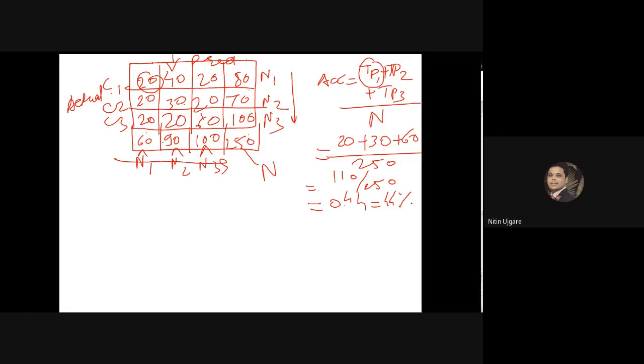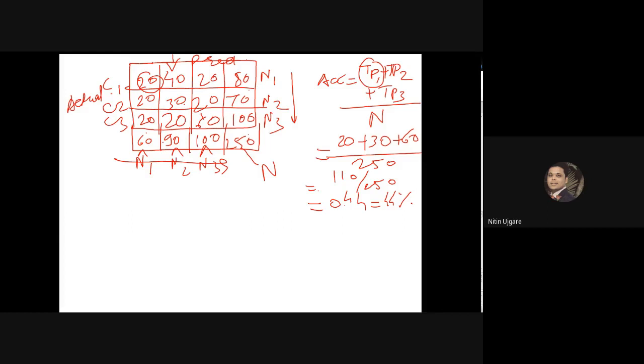So 44% is the accuracy of this multi-class classifier. Then the error rate is always 1 minus accuracy, which gives an error rate of 56% or 0.56.